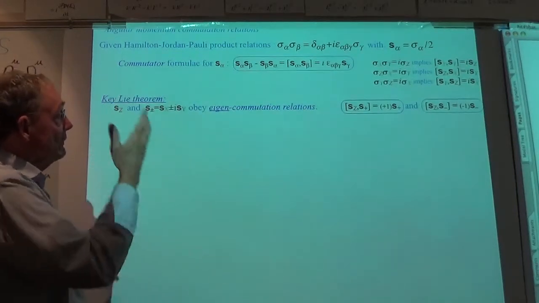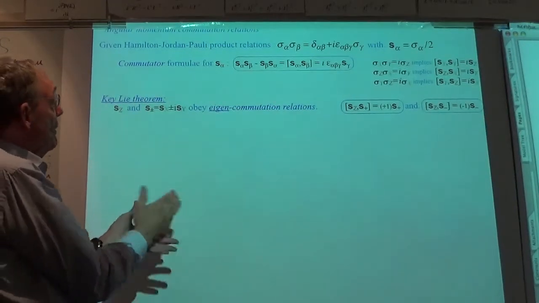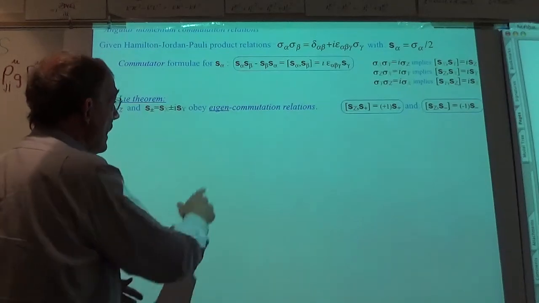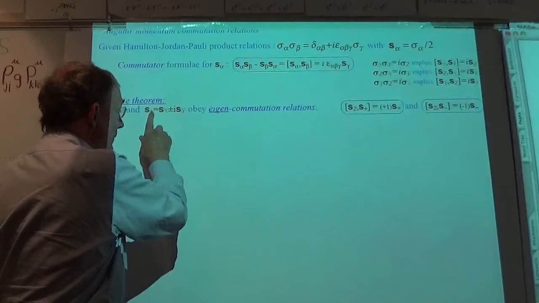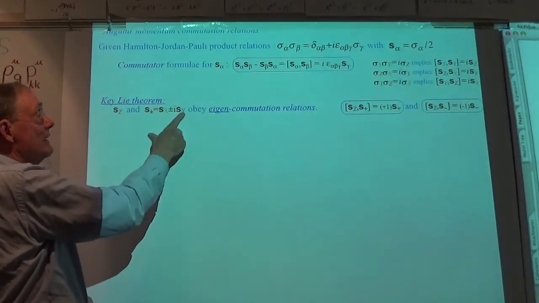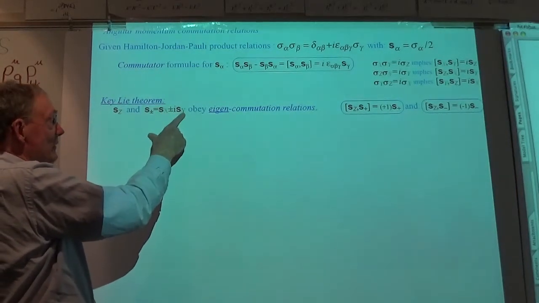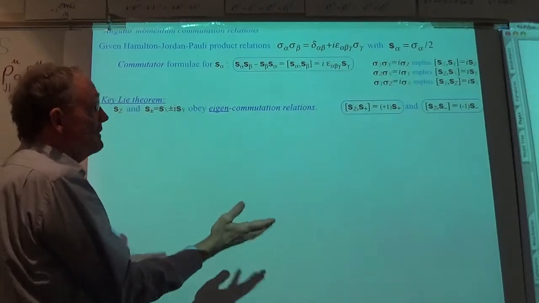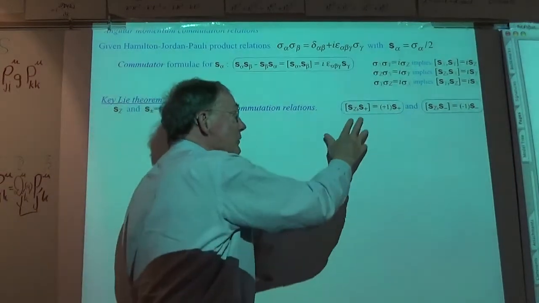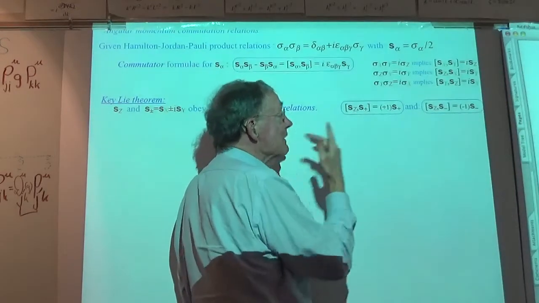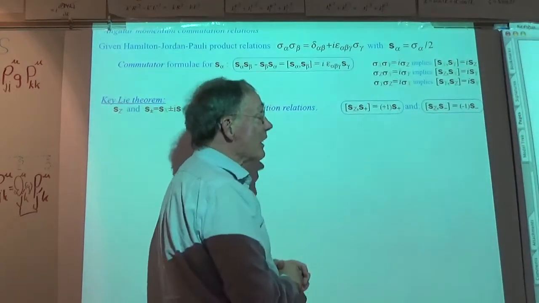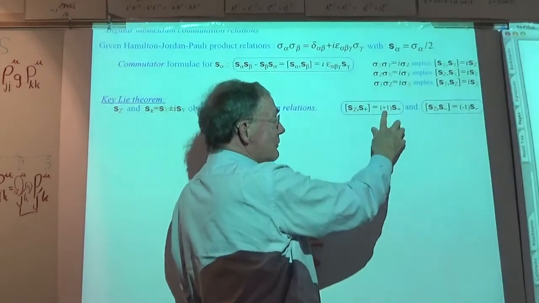All of the big Lie groups make use of what we're doing right here now, the eigen commutation relations. These operators, the x plus i y operators, have a very nice commutation relation with respect to the z. Now we have to prove that, but that's the result. It's an eigen commutation relation.